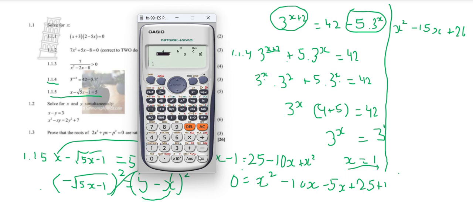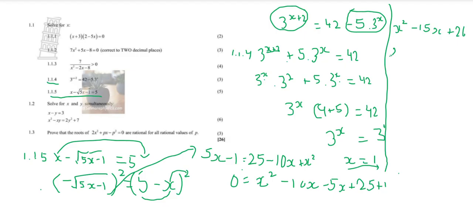Our A is 1, our B is negative 15, and our C is 26. The first x is 13. So remember, I said this is our final answer. Working one step backwards, we're going to have x minus 13, x equals 13.